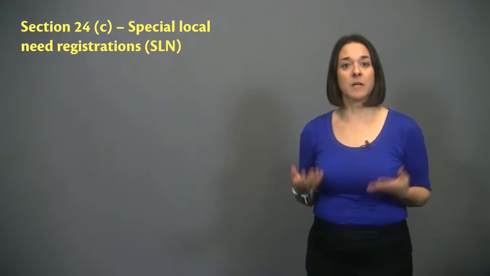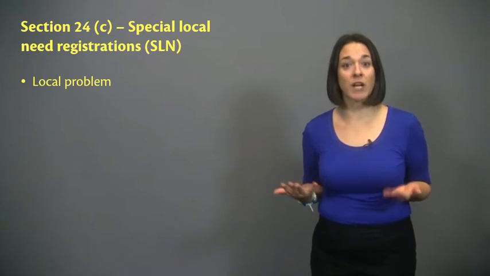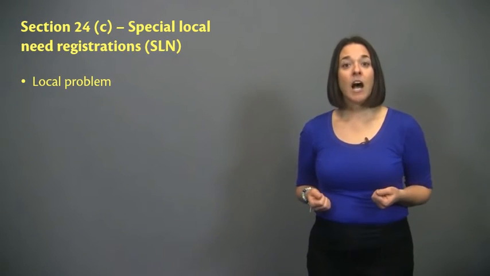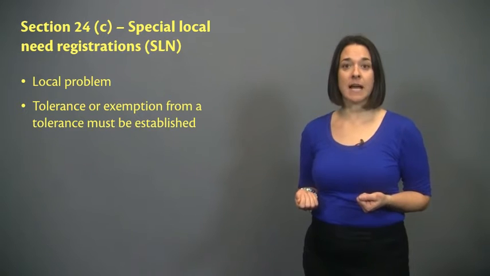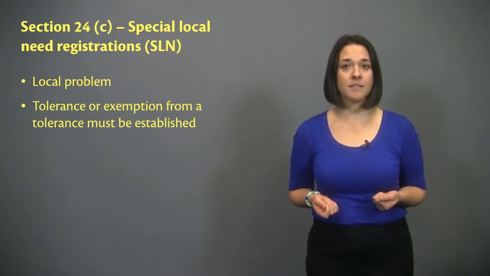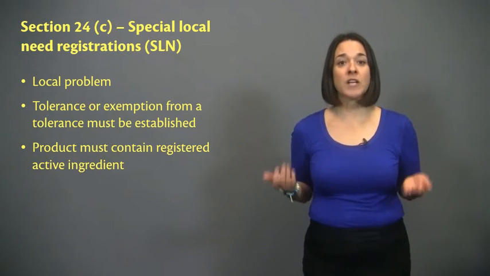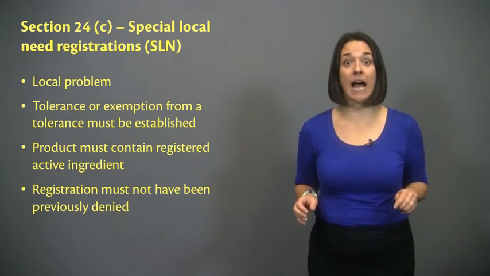The problem must be a local problem that can't be resolved with the use of another registered product. A tolerance or exemption from a tolerance must already be established. The product must contain an already registered active ingredient, and registration for the same use must not have been previously denied.